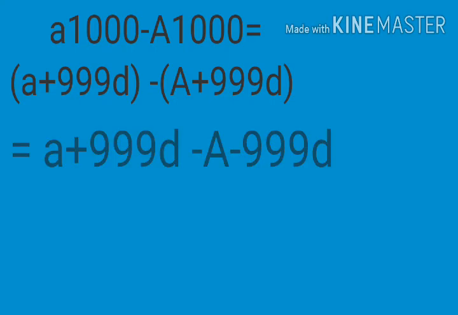So we can cut 999d minus 999d. Then which is remaining? Small a minus capital A. Its value we already got as 100. So we can write that here also: a minus A equals 100. So here the difference between their thousandth terms is also 100.